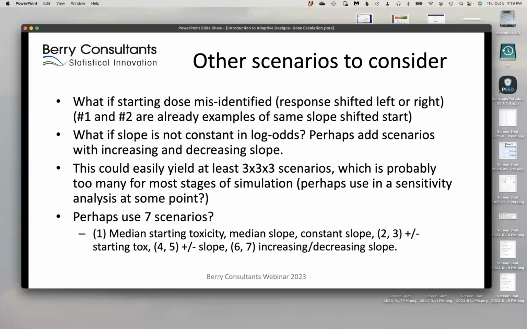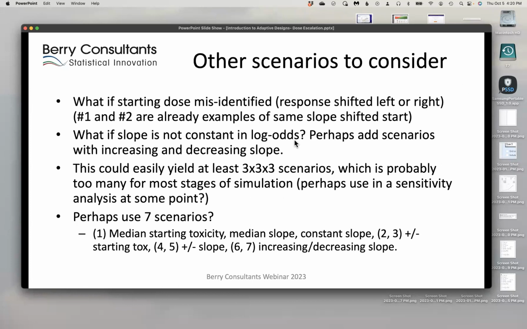At the same time, of course, we don't want to have so many scenarios that we end up with a massive number of operating characteristics to compare, and it ends up being really hard to differentiate between designs because one design does better in one place and another in another, and so on.